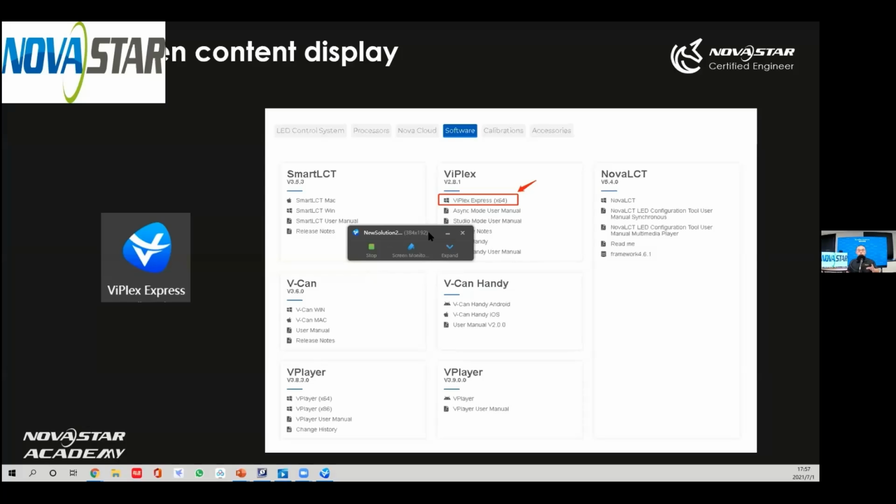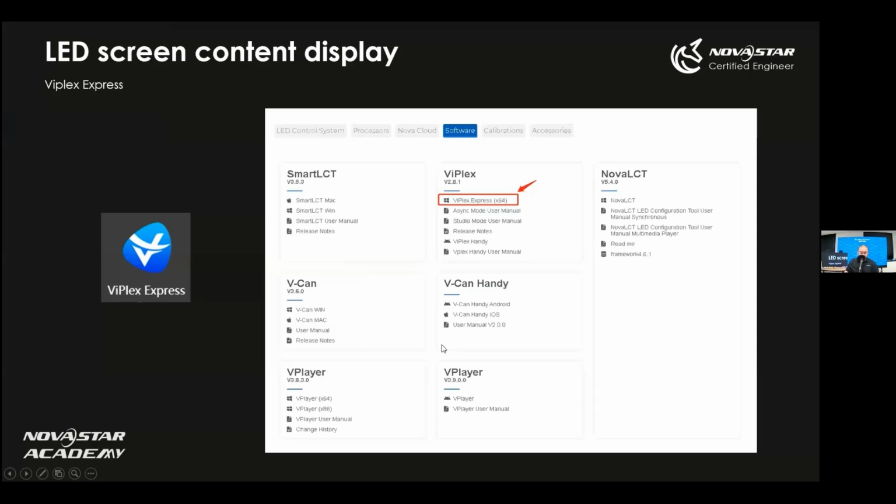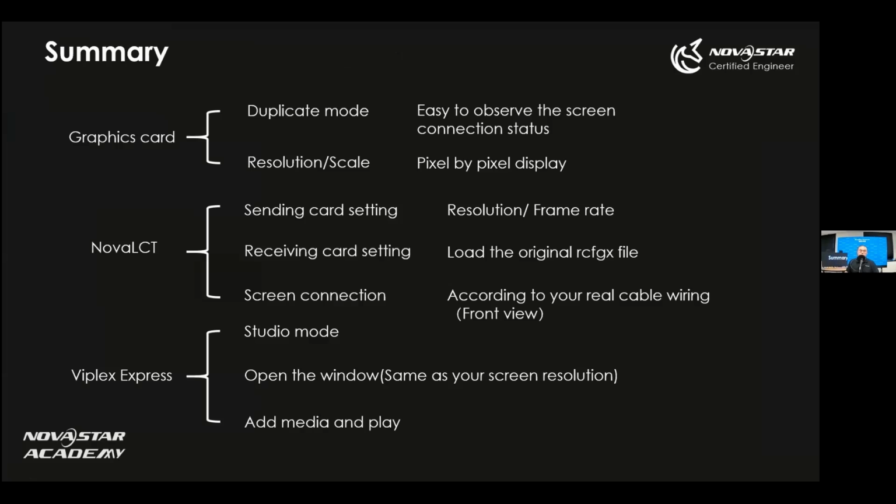So if you are interested in Viplex Express, you can also follow our channel to see what you can do with this software. Okay, so I just stop here. Yep. So this is very simple software. When you have set up everything, you can see the image on your screens.